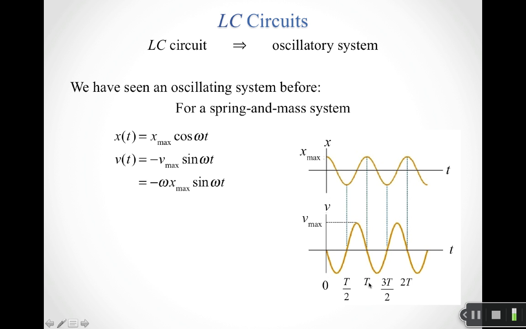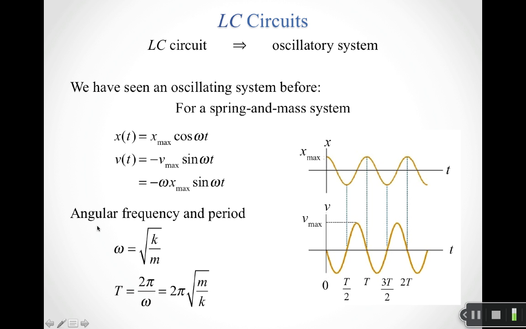So again, here's our oscillatory system all the way through one cycle, and going through one cycle in time means that you've gone all the way through the period. Relating the angular frequency and period for our spring and mass system was given by these equations. We can calculate the angular frequency for the spring and mass as the square root of spring constant k divided by the mass attached to the end.